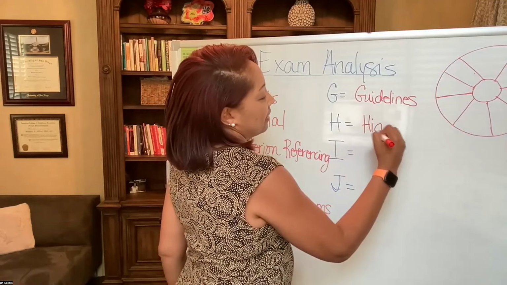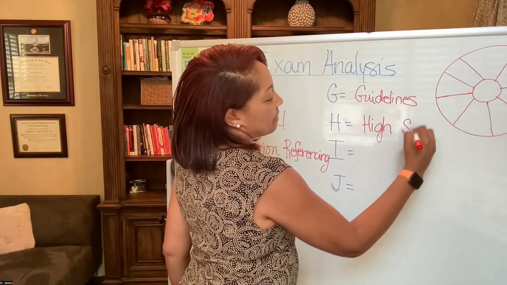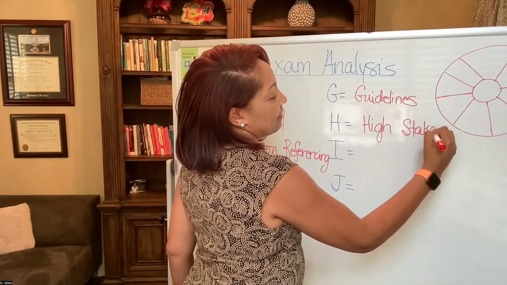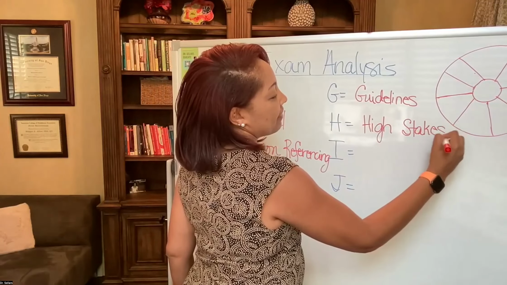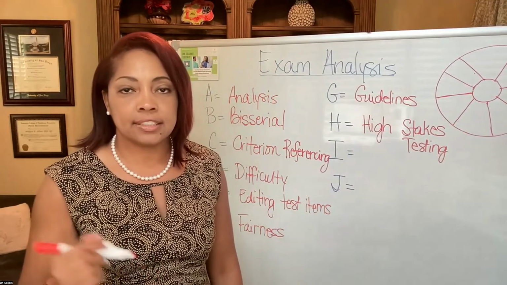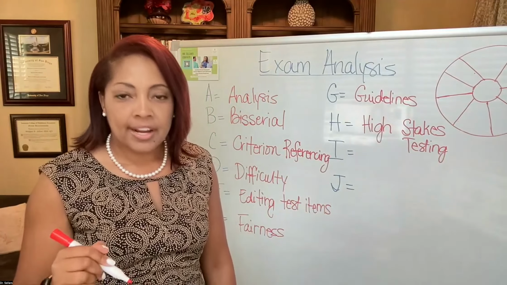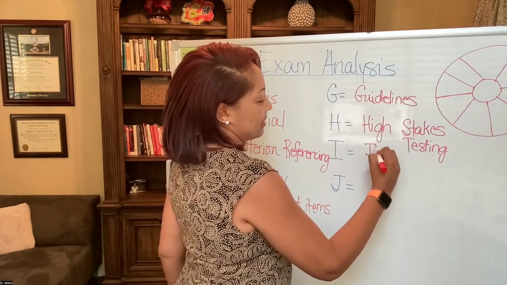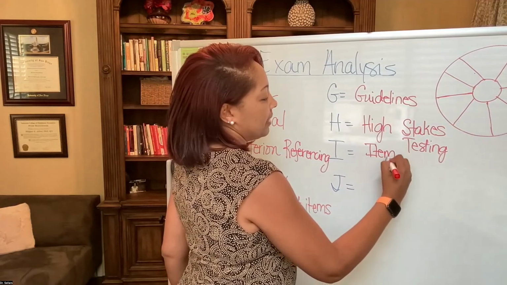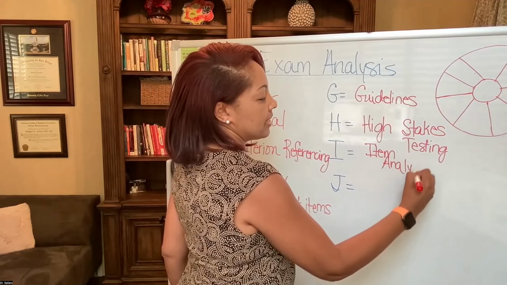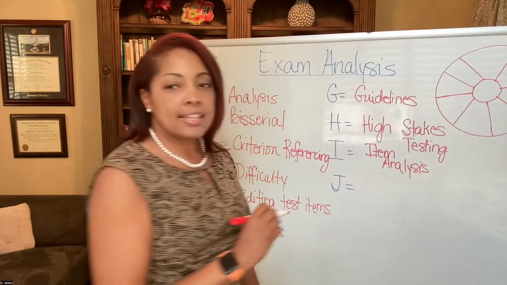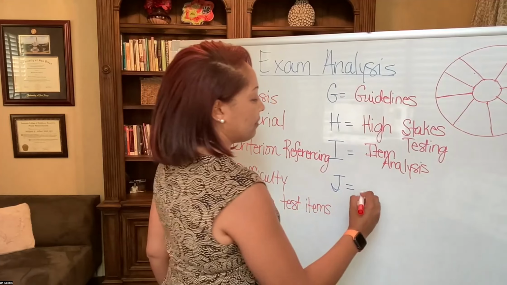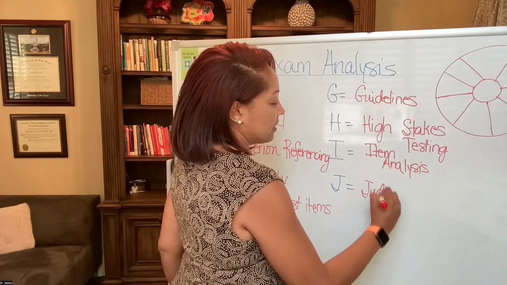We talked about really 3 different types of high stakes testing and 5 considerations that you want to think about when we are adding high stakes testing to our curriculum. All right, and then that brings us to I, which is item analysis. All right, so we introduced key concepts in our last episode. And then for J, in this episode, we're focusing on judgment.